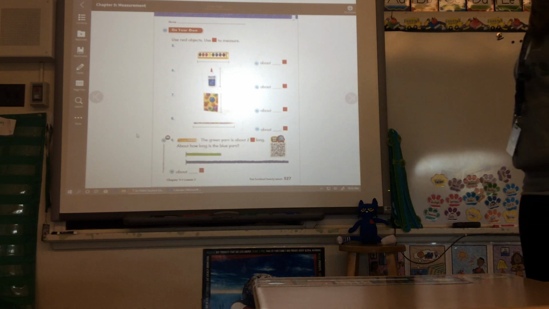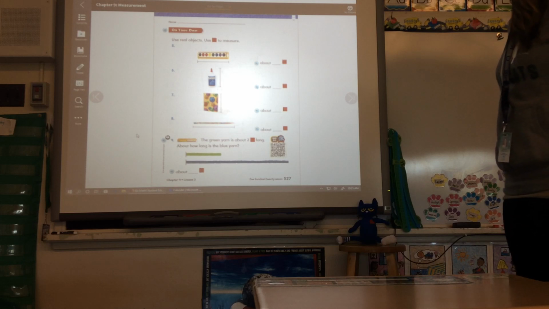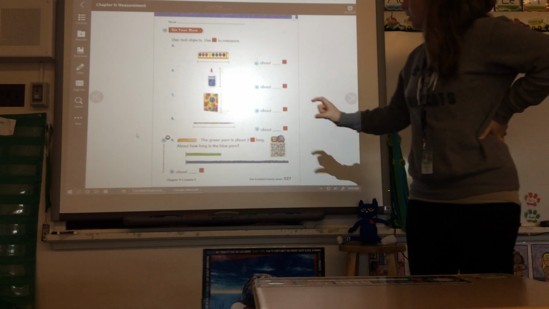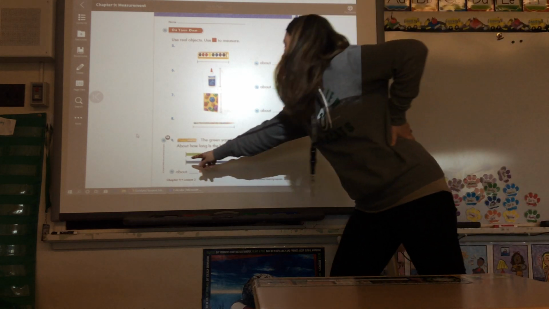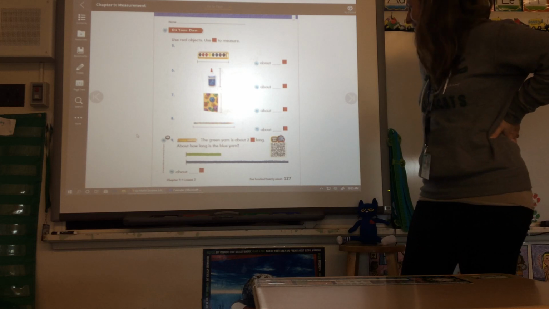It says the green yarn is about 2 color tiles long. About how long is the blue yarn? So again, with the color tiles you have at home, go ahead and measure out the blue yarn right here and see how many color tiles long that might be.